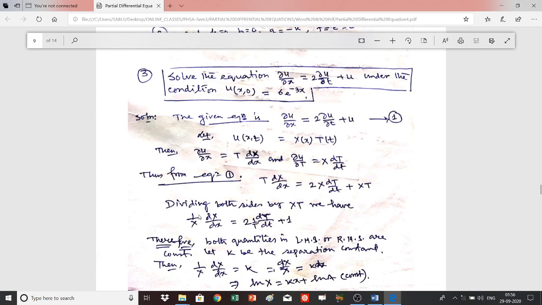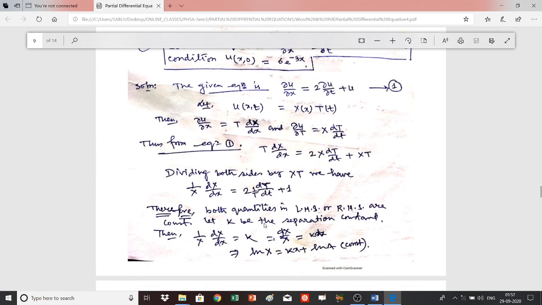First you have to substitute these values, and then divide both sides by XT, because here u is nothing but XT. That will give you 1 by X dX by dx is equal to 2 into 1 by T dT by dt plus 1. Therefore this term is independent of t, and this term is also independent of x. So both of these are constants.